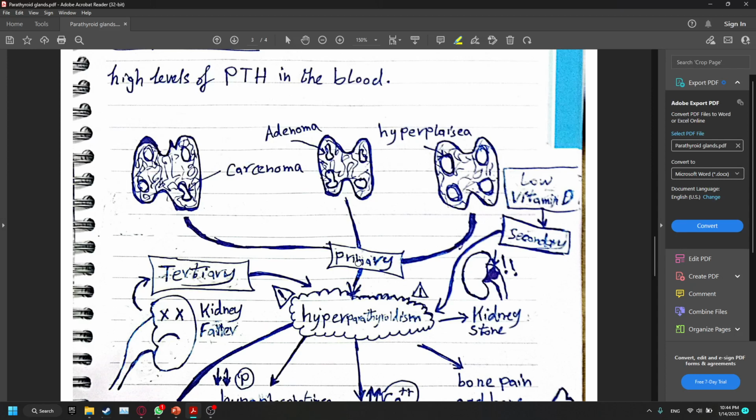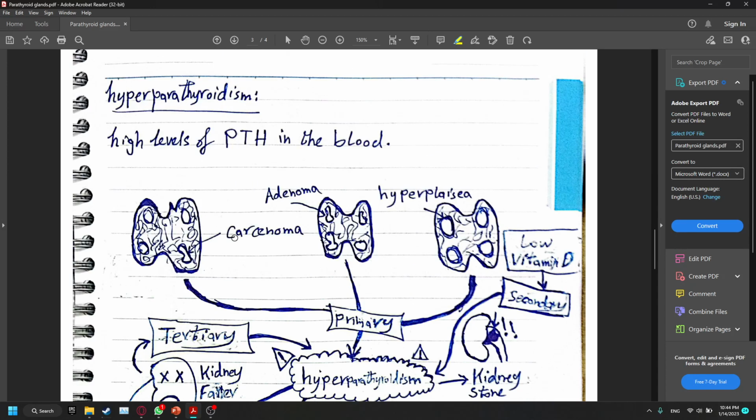So when they ask you in the exam which of the following is a primary reason for hyperparathyroidism, one of the answers could be parathyroid carcinoma, adenoma, or hyperplasia.